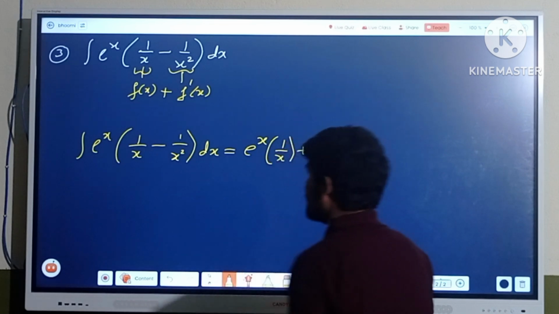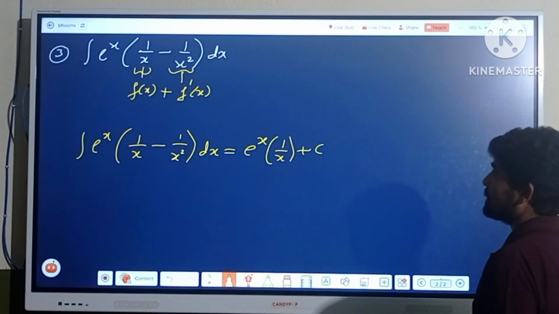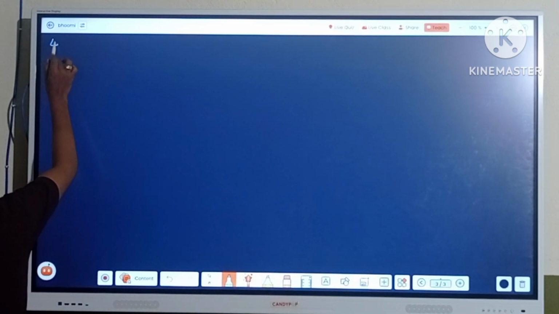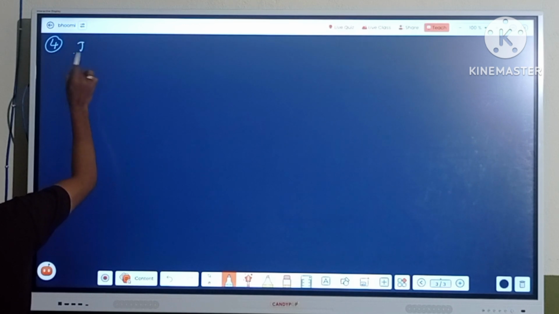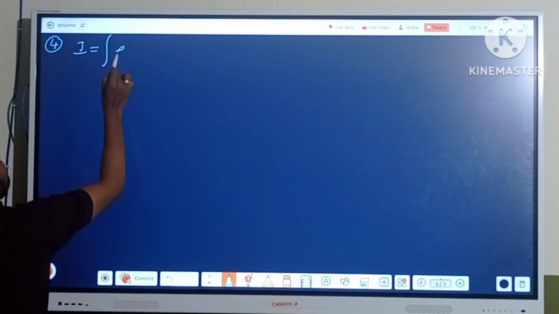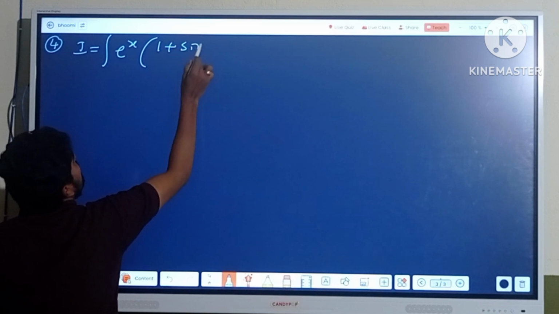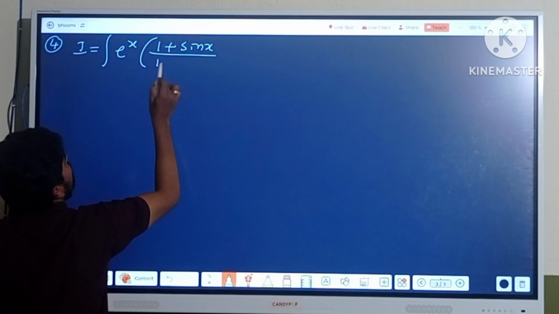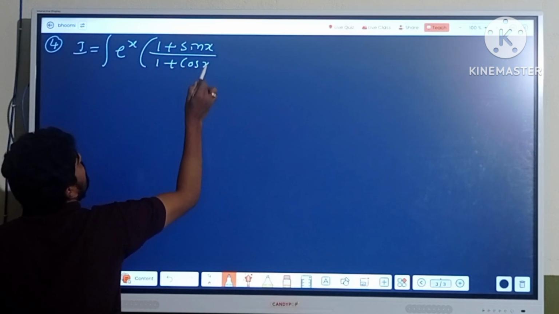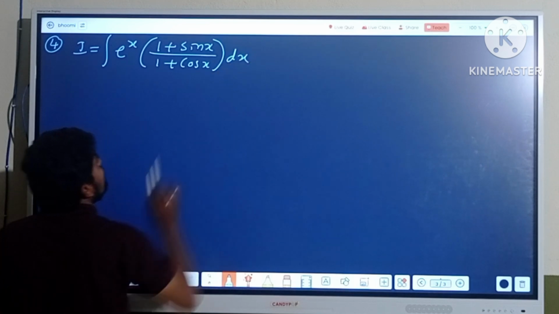Now let us consider one more example. Fourth example: find the integration of e power x into 1 plus sin x divided by 1 plus cos x with respect to x.